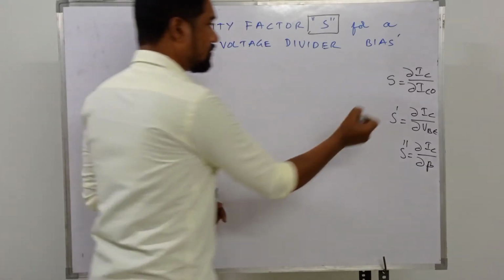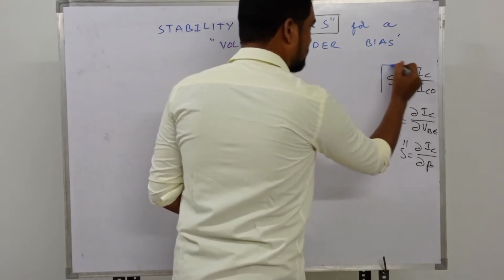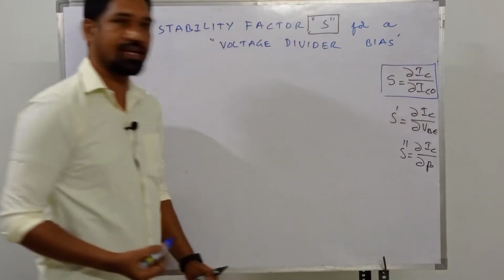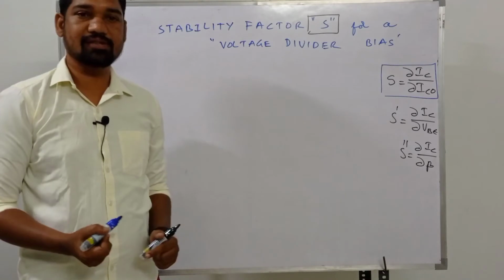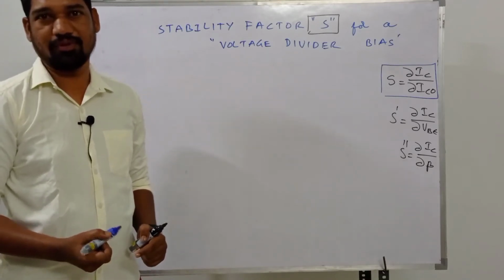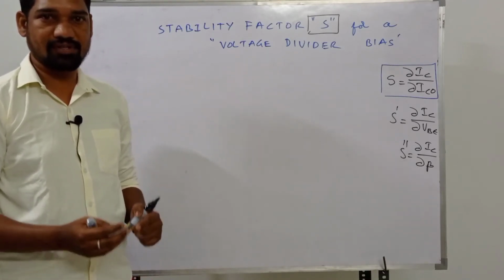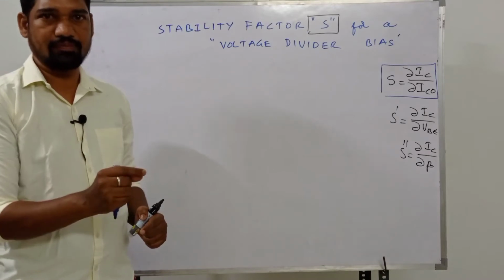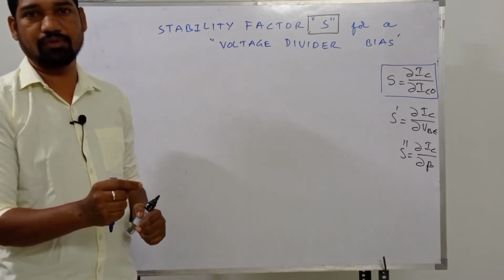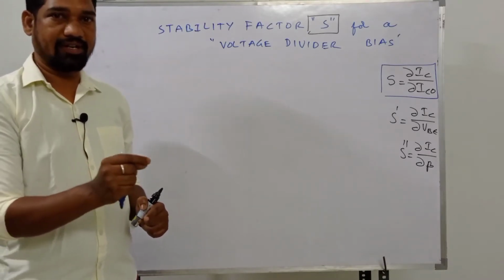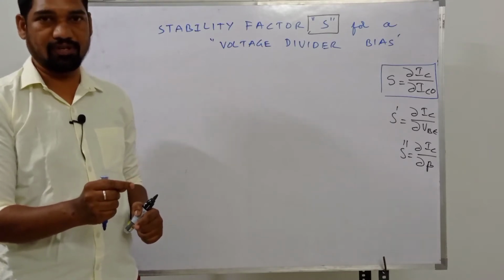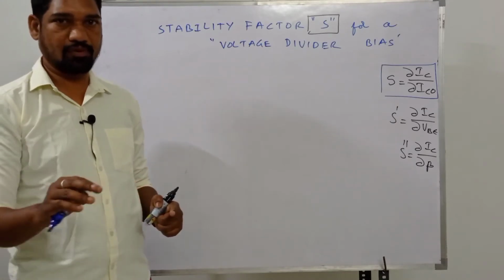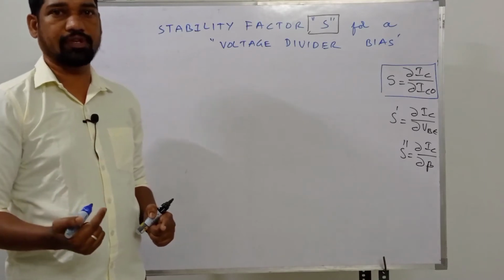Going straight to the voltage divider bias and talking about the stability factor S isn't a good idea. Let's start from the three configurations, and step by step there is a link up from the basics. You have to have an idea of what is alpha of a transistor, beta of a transistor. That's enough.